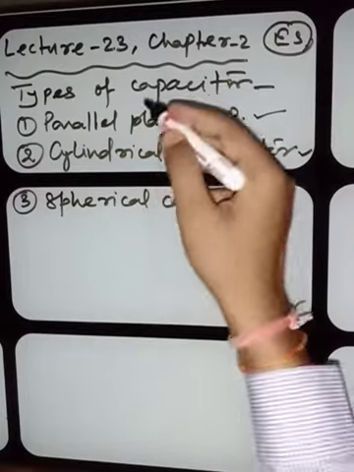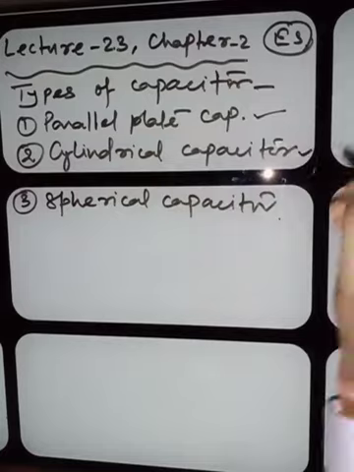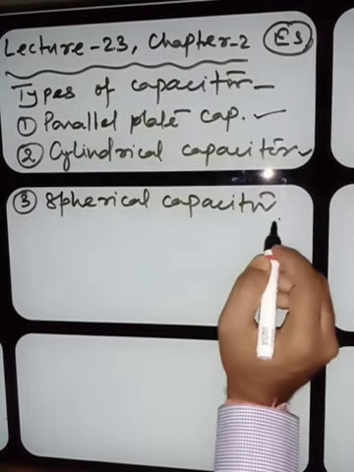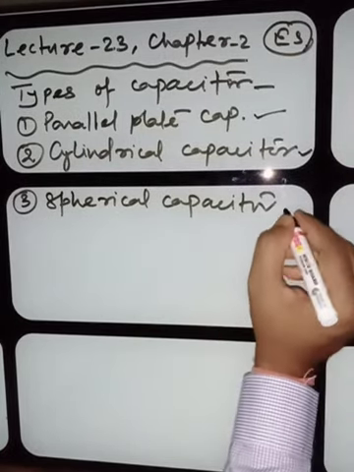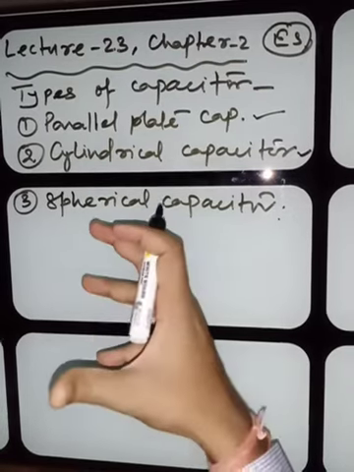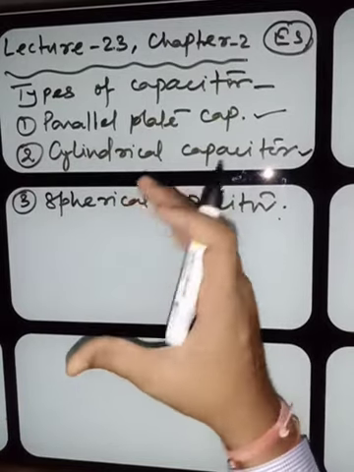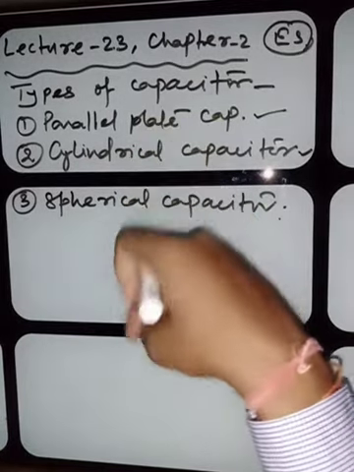Actually, these all are the structure wise names of the capacitor. This spherical capacitor also you will hardly see. Now we'll start how to calculate mathematically the capacitance of these capacitors.